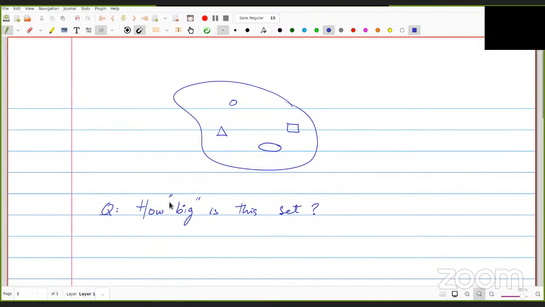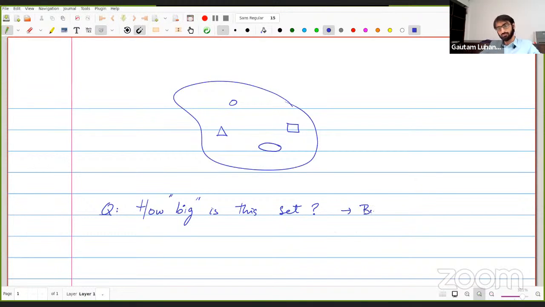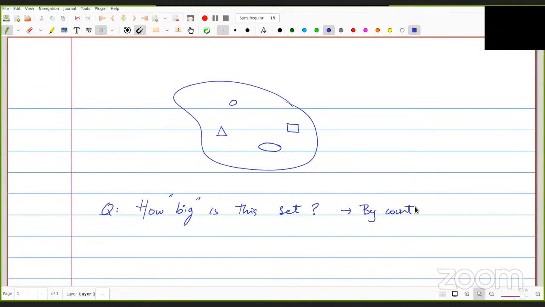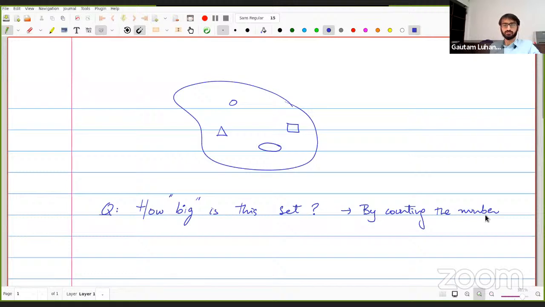By counting the number of objects in the set. So that seems a fairly simple idea. If you want to know how big the set is, you just count the number of elements, and that seems to work perfectly fine.